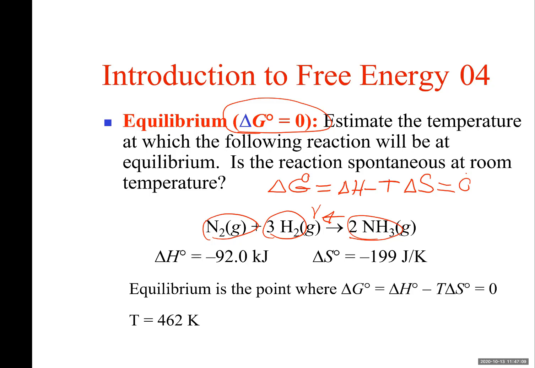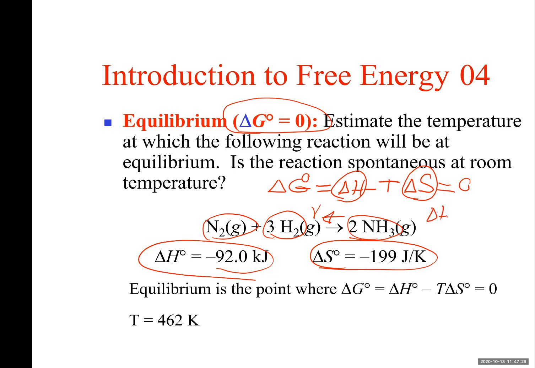Guys, if I give you the value of delta H, which I have already given to you, and I give you the value of delta S, which I have already given to you, can you solve this equation, which is delta H minus T delta S is 0?